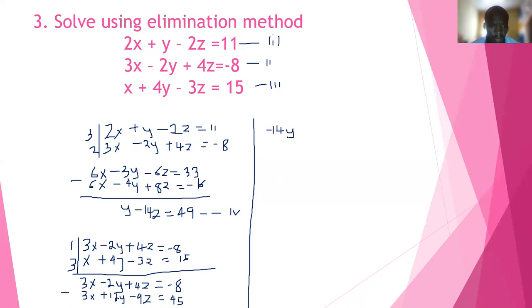Then we have 4 minus 9, which gives positive 13z, is equal to negative 18 minus 45, which is negative 53.